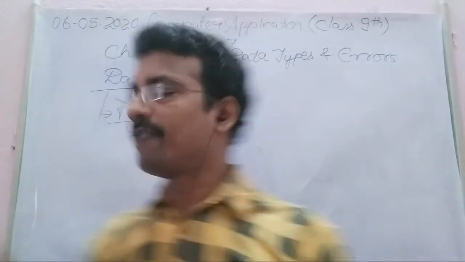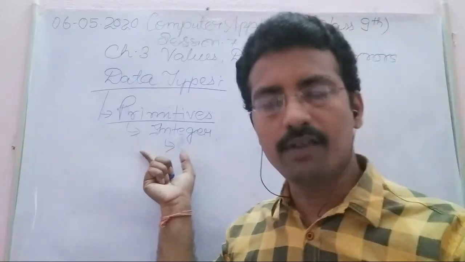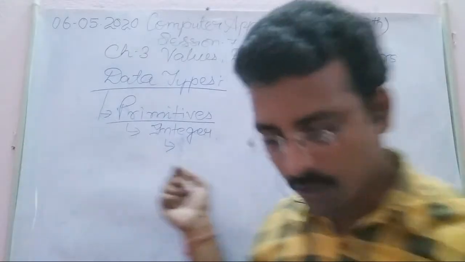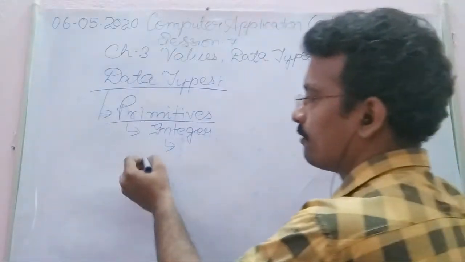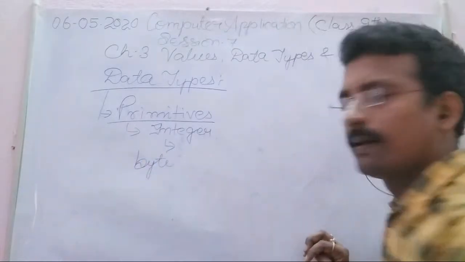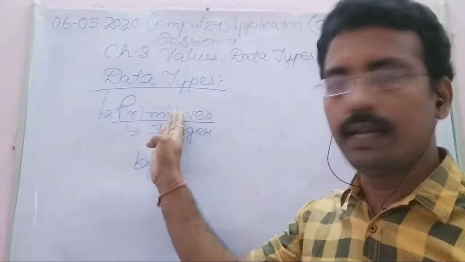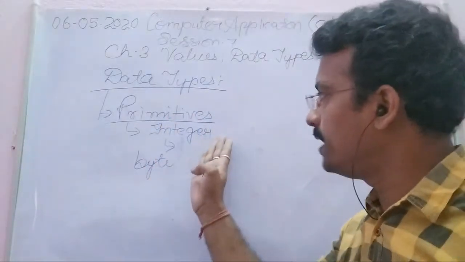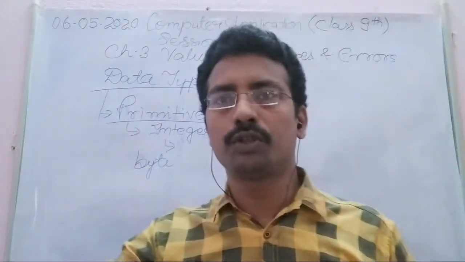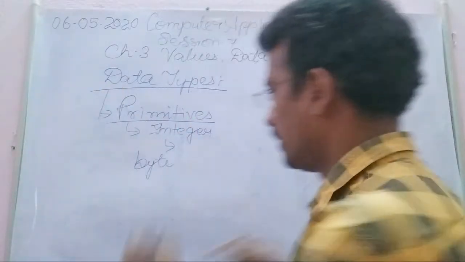In the category of integer, some more data types are available. What are they? First is byte. Byte is a data type of the integer primitive category which is used to store values in memory for 1 byte.